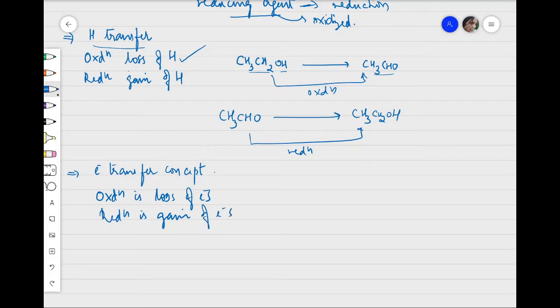Okay, so in my electron transfer concept we say oxidation is loss of electrons and reduction is gain of electrons. അതിന് we have this OIL RIG, these are called acronyms. You want to remember, that is oxidation is loss, reduction is gain. അതാണ് ഒരു ഓയിൽ റിഗ് എന്ന് ഓർത്താൽ മതി.